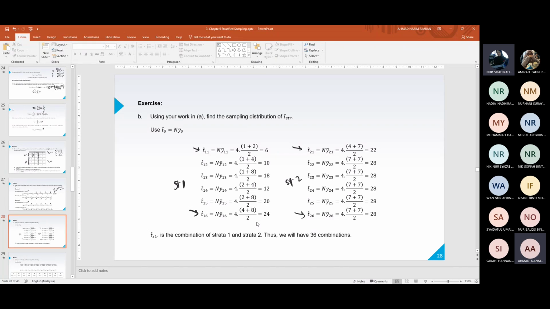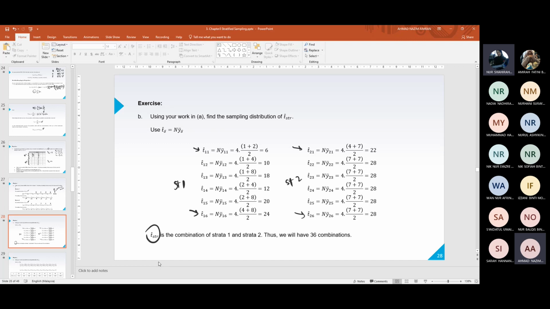To calculate the estimated population total by using the stratified sampling technique, it is actually the combination of stratum 1 and stratum 2. Thus, we will have 36 different combinations.